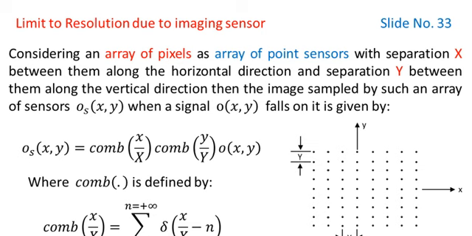Then the image sampled by such an array of sensors is referred to as O subscript S at the point x,y, with a signal O which is falling on such an array. This signal O at the point x,y is a continuous signal, whereas O_S is a sampled signal. The continuous signal will fall on the array and the sampled signal will be generated.